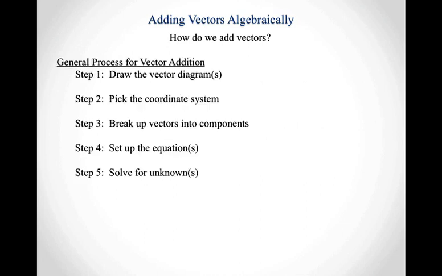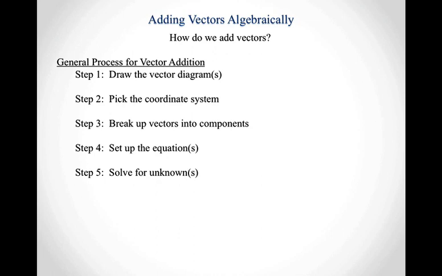So in general, we're going to go through this process every time we're doing a vector addition problem. We're going to draw ourselves a couple of vector diagrams, one showing the vectors from the same origin, one showing the vector addition, and letting us see the resultant. Which one of those we draw first is really just going to depend on the information we're given in the problem.